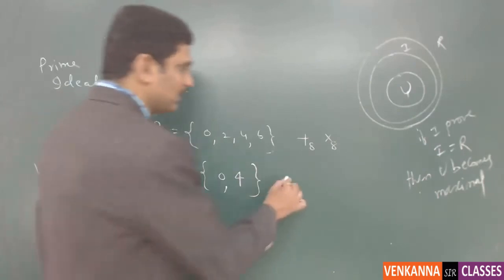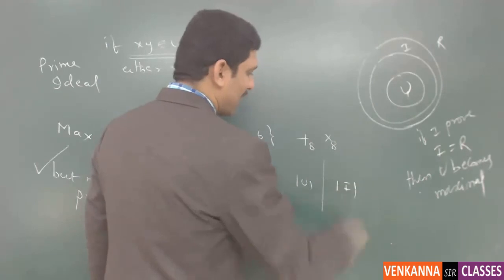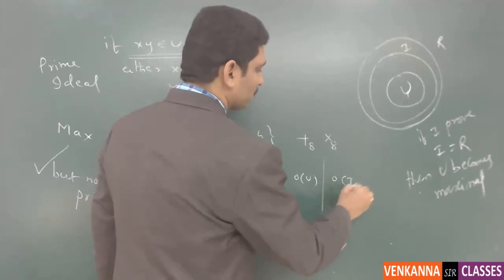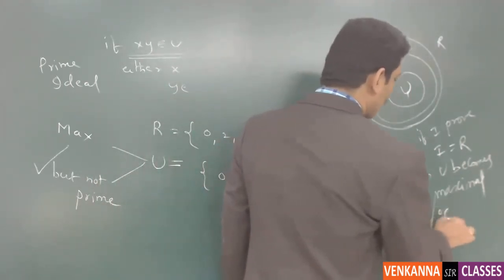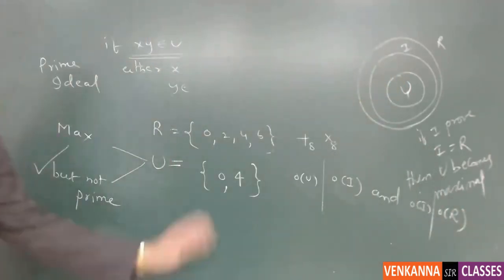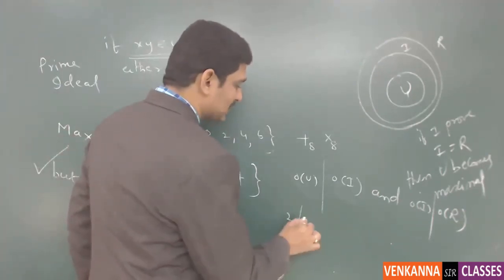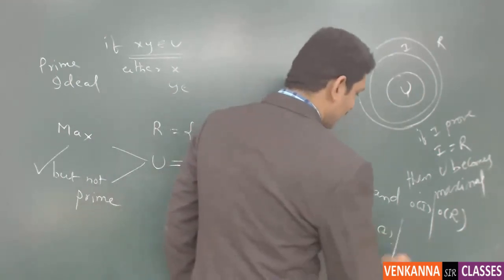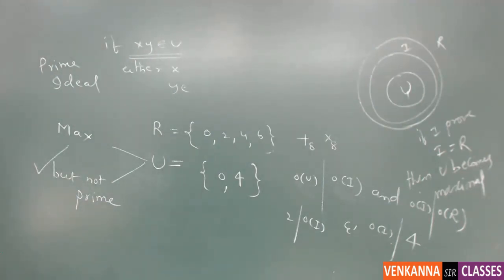So you can say that order of U divides order of I, and order of I divides order of the ring. So it means that 2 divides order of I and order of I divides 4. Isn't it? By Lagrange's theorem? Yes or no?